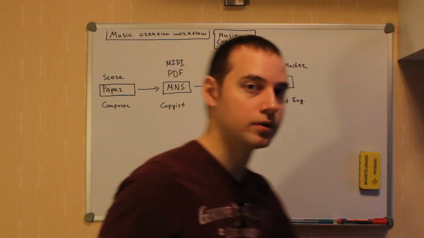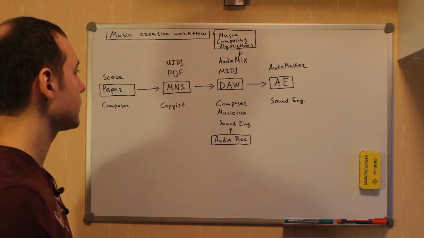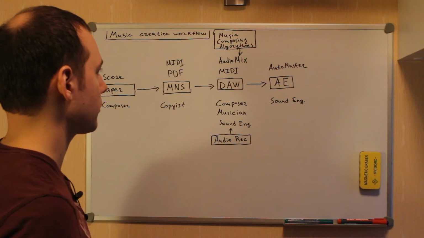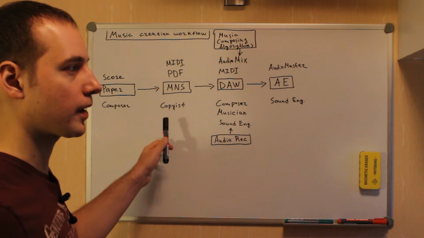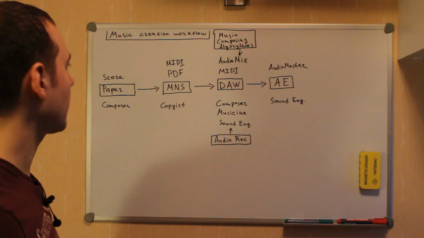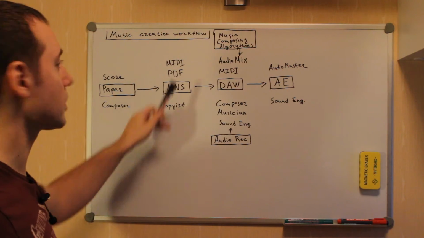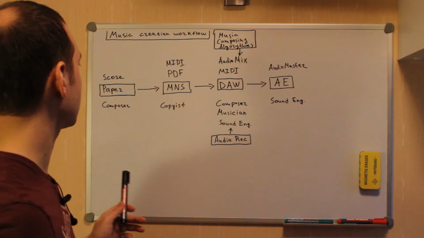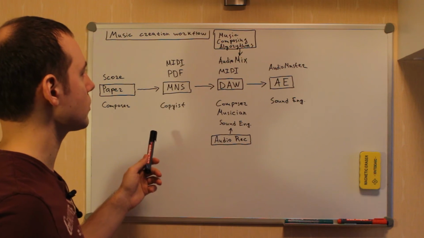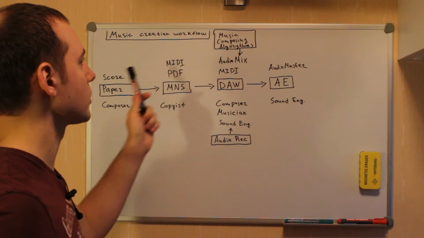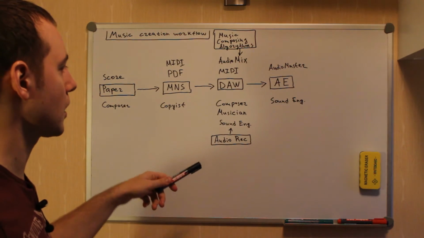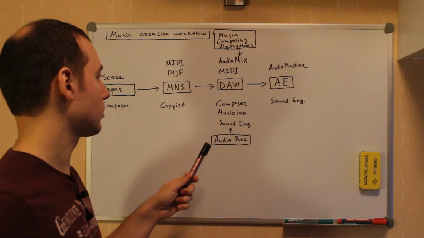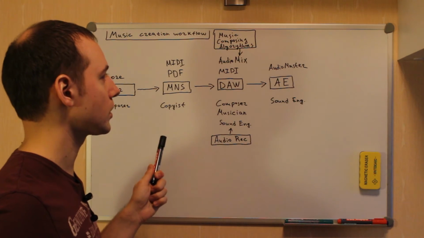Okay, now of course not all of the steps are needed every time you create a music composition. Frankly speaking, each of the steps can be skipped. For example, many composers work in music notation software without the score. Also, you can not use music notation software and just use some music composing algorithms, or just improvise and record audio, or record MIDI notes into the digital audio workstation.